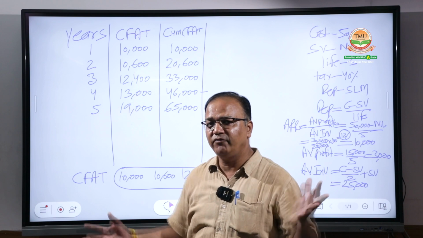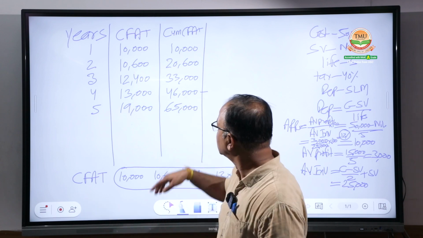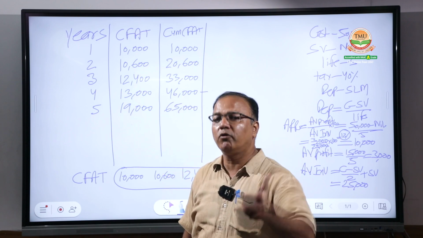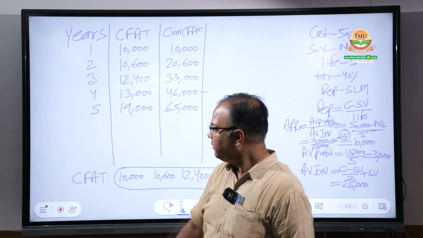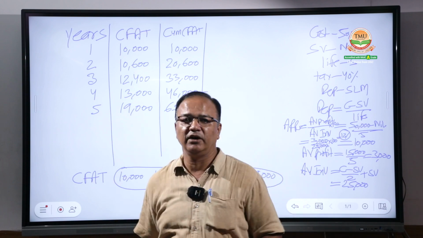It means if we add all these, we have recovered rupees 46,000 in year number 4. Now we have to recover 4,000 additional, but we are receiving rupees 19,000 in fifth year.